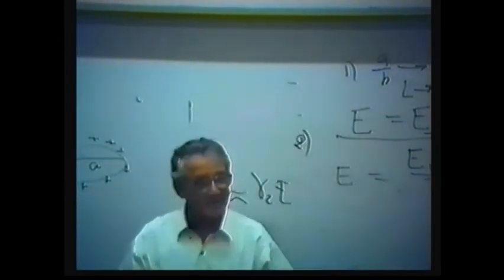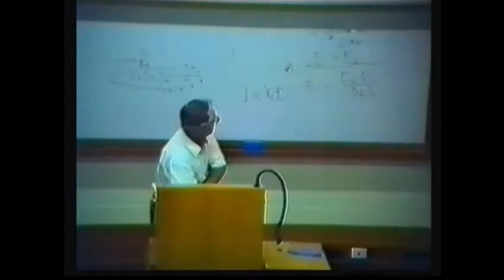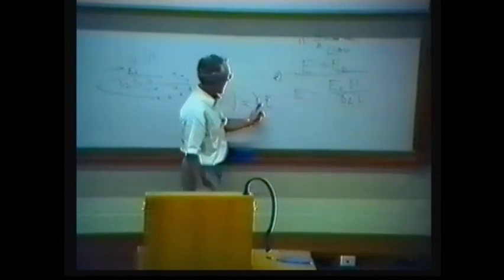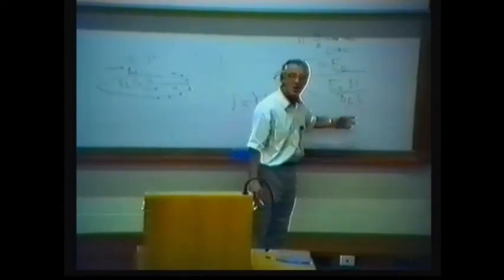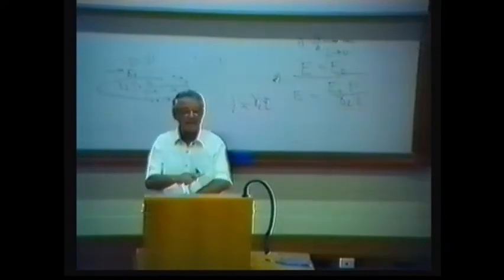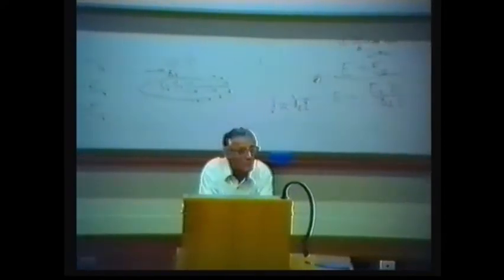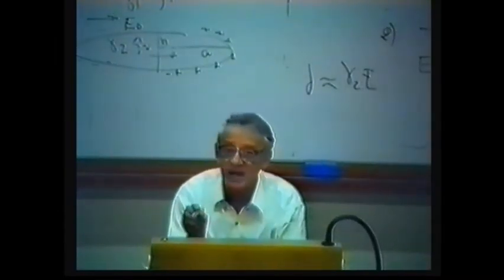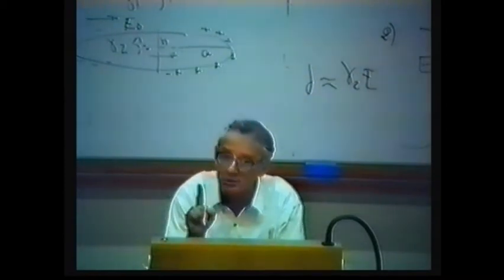Gamma 1 and gamma 2 will cancel, and the current will be proportional to the conductivity of the dike relative to the conductivity of the surrounding medium.